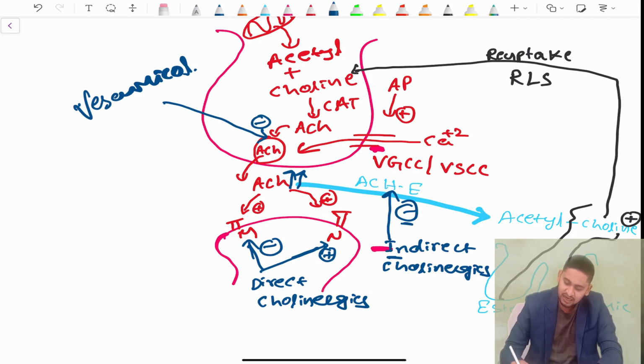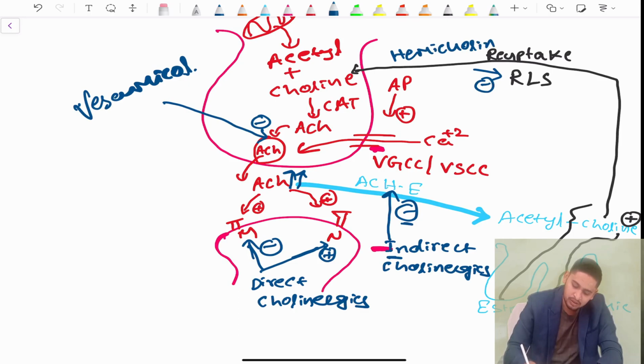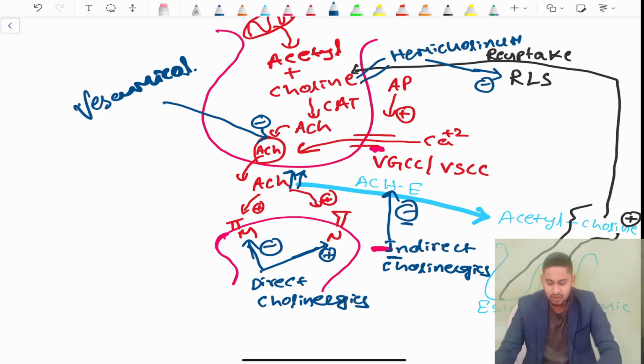And the drug which is directly blocking the rate limiting step of the choline reuptake process will be hemicholinium. It structurally looks like choline, and hemicholinium and vesamicol are used for experimentation purposes, not used clinically.